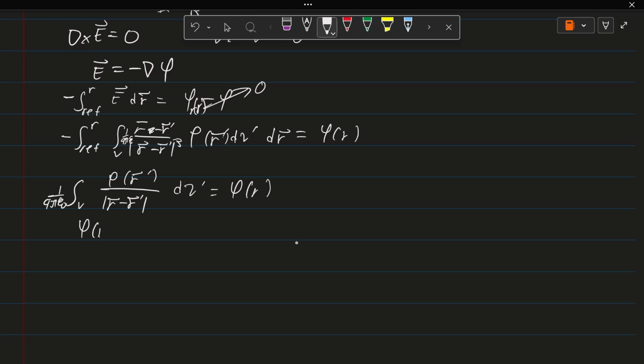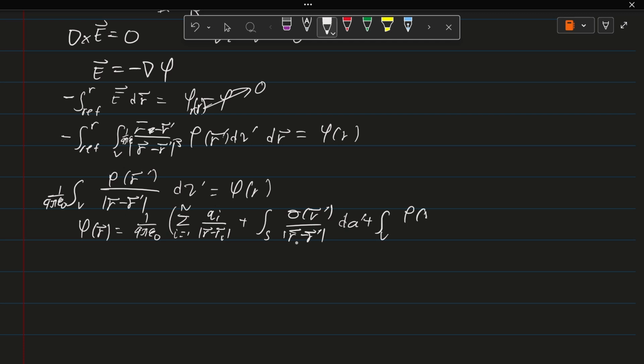So we get that the electrostatic potential is, in general, 1 over 4 pi epsilon 0 of the sum from i equals 1 to n of each of the point charges over r vector minus ri vector, plus the one from the surface, which will be sigma of r vector prime over the length of r vector minus r vector prime, and the volume, rho of r vector prime over r vector minus r vector prime, dv prime.